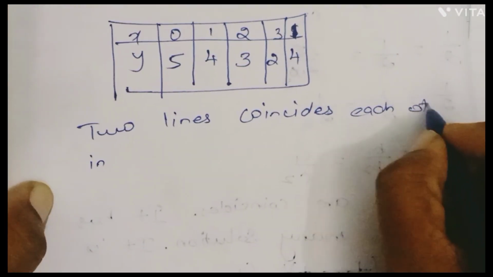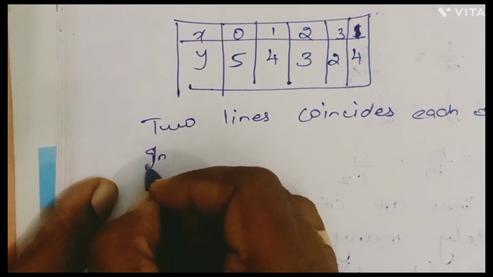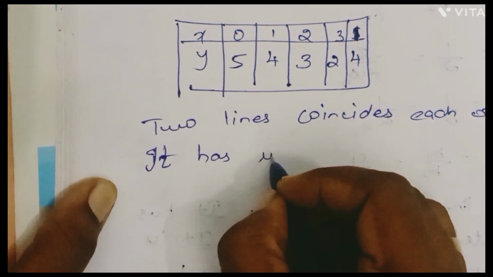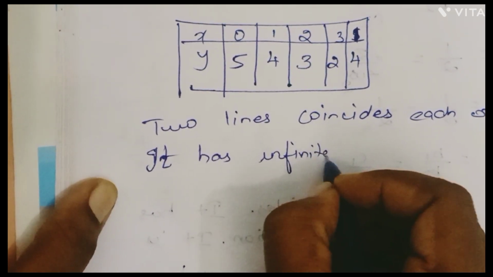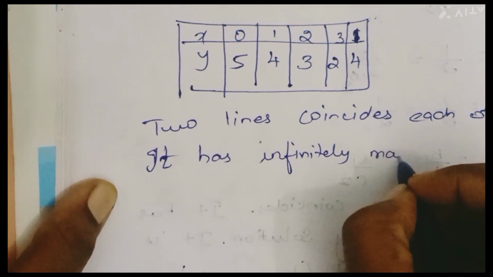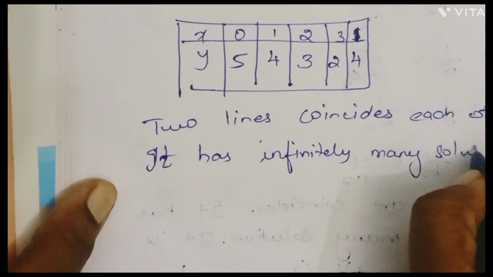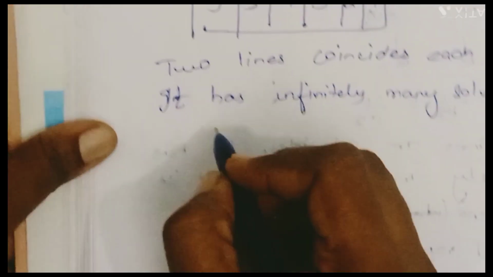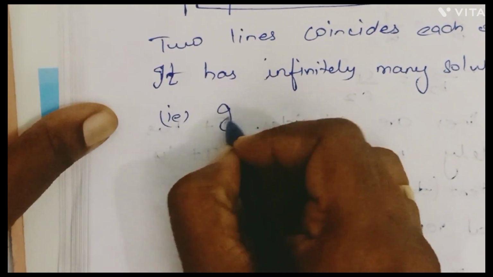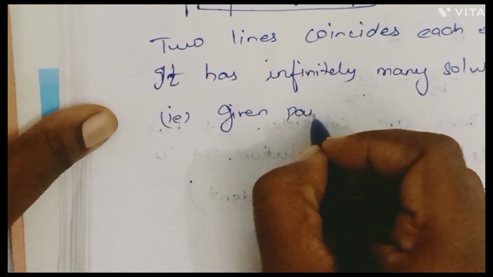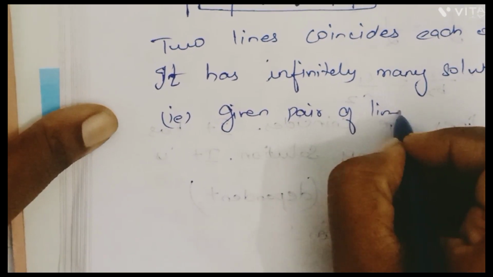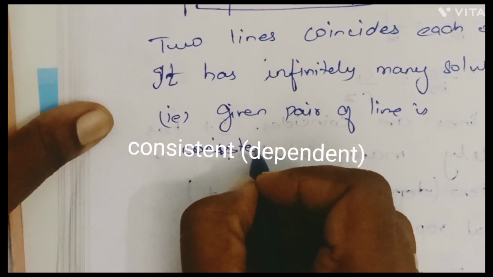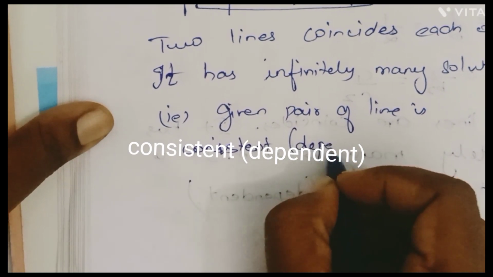That is, the given pair of lines is consistent, dependent.